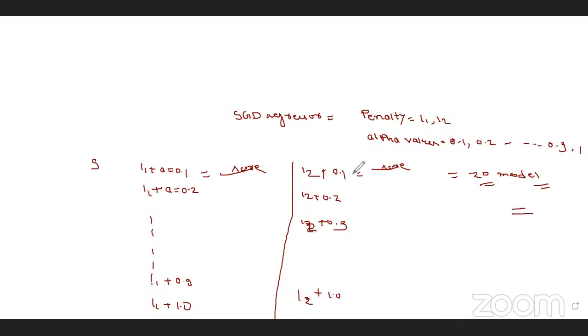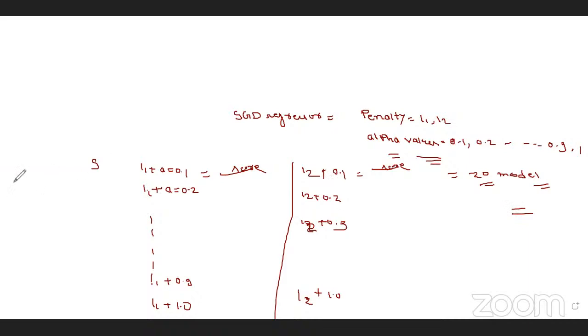It takes all the combinations. If you had any other hyperparameter, it would have used that also and tried all the combinations. So obviously it is time consuming.